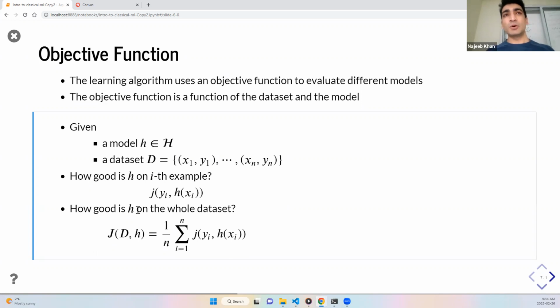How about the whole data set? If there are n examples in the data set, we just sum over all the costs for each individual example. And that's our objective function. Now, there could be different types of objective functions based on what function we use.